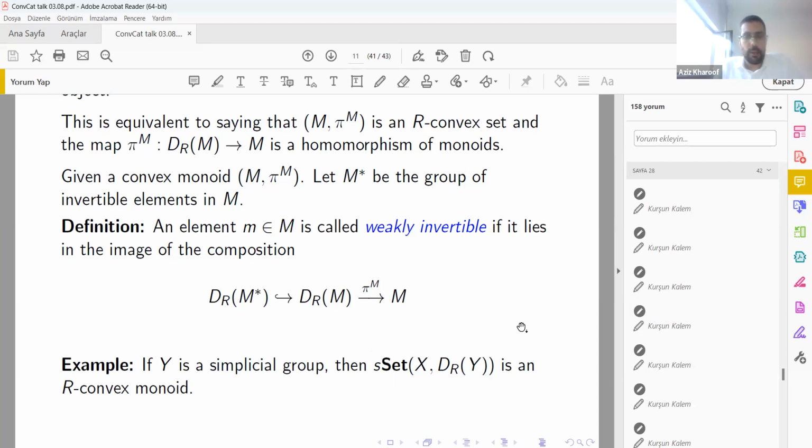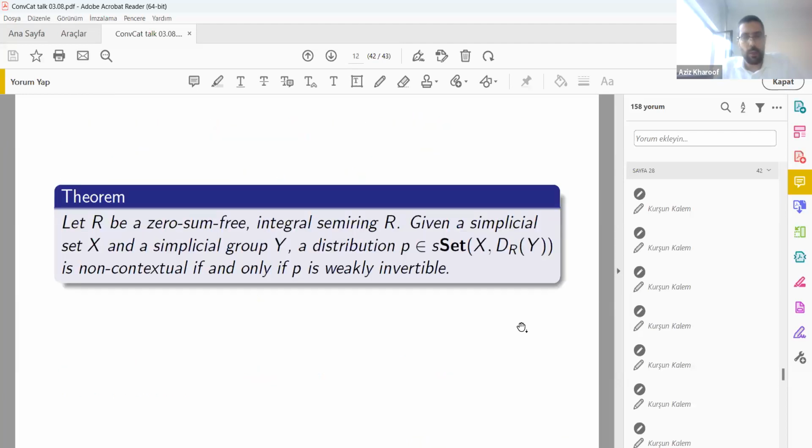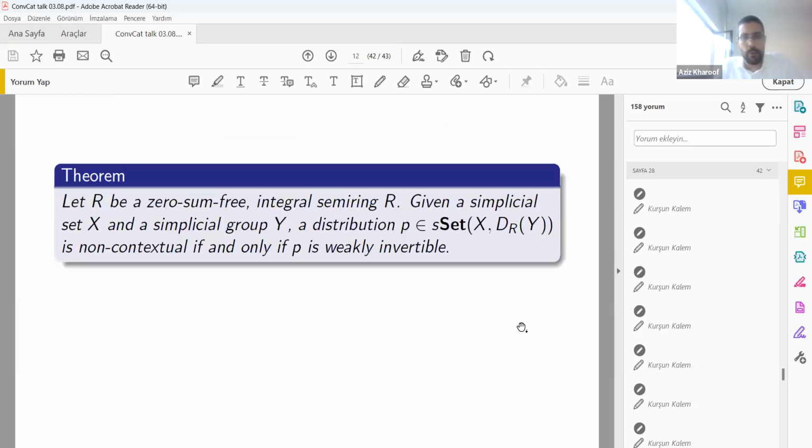And then we can get, like in the case of the nerve of Z2, this. So we have the following theorem: we have some assumption on R, the semiring. Then to say that P is non-contextual is the same as to say that P is weakly invertible. Okay, the notation coincides here.